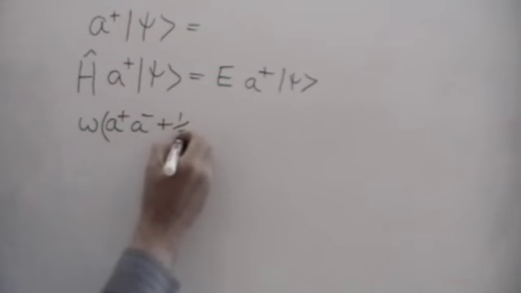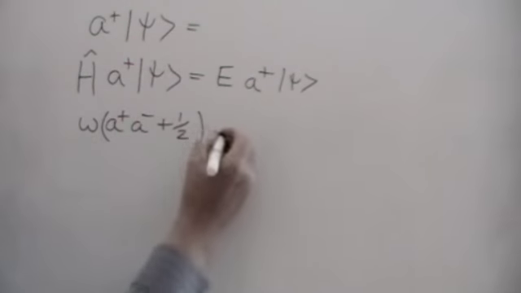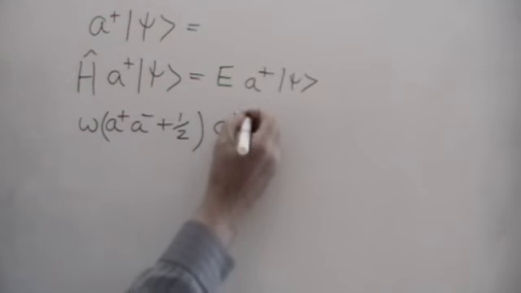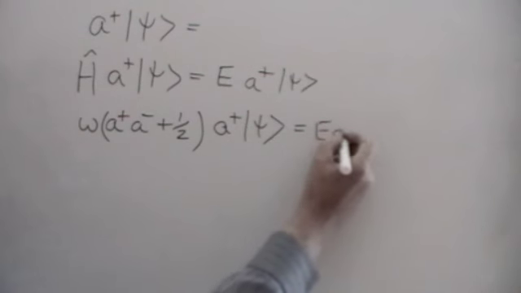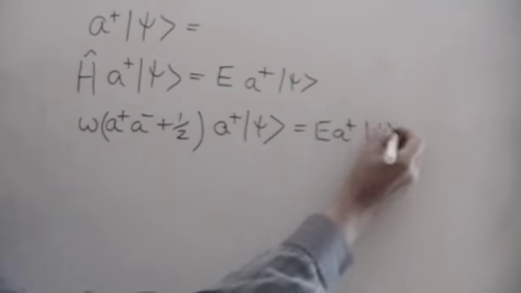Now we showed what H was. It was omega, bracket A plus A minus, plus a half. That is simply H, and it acts on this state, A plus psi, and gives us E A plus psi.